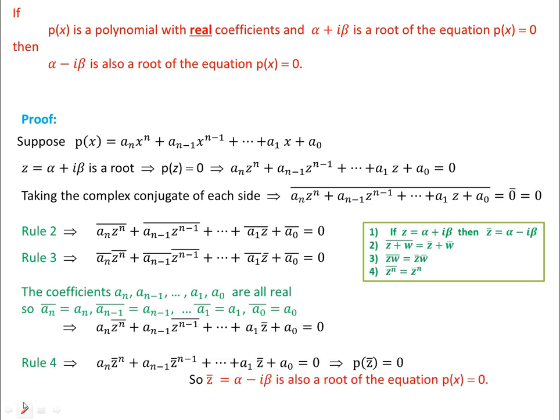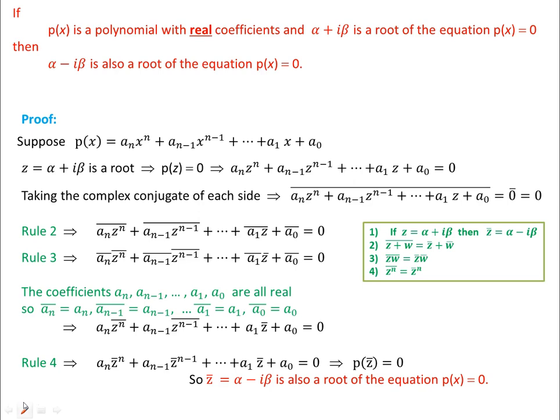Now using rule 4, the complex conjugate of z to the k is the same thing as the complex conjugate of z raised to the power k. So rule 4 enables us to rewrite our equation as a_n times the complex conjugate of z to the power n plus a_(n-1) times the complex conjugate of z raised to the power n minus 1 all the way along to a_1 times the complex conjugate of z plus a_0 equals 0.